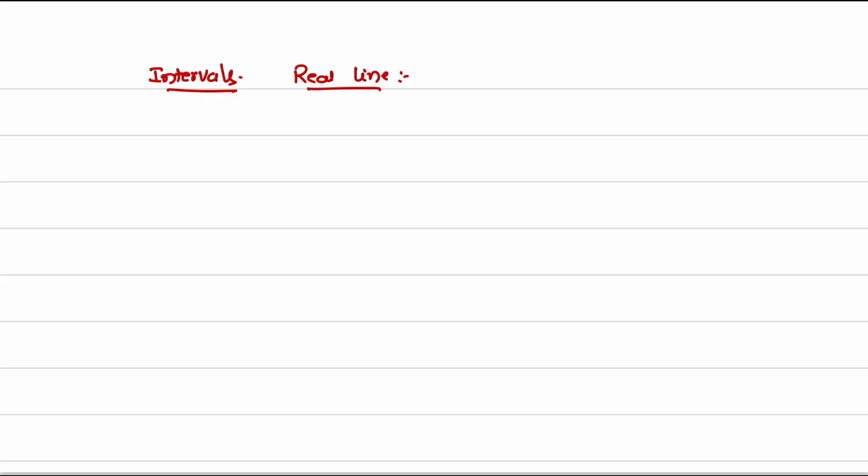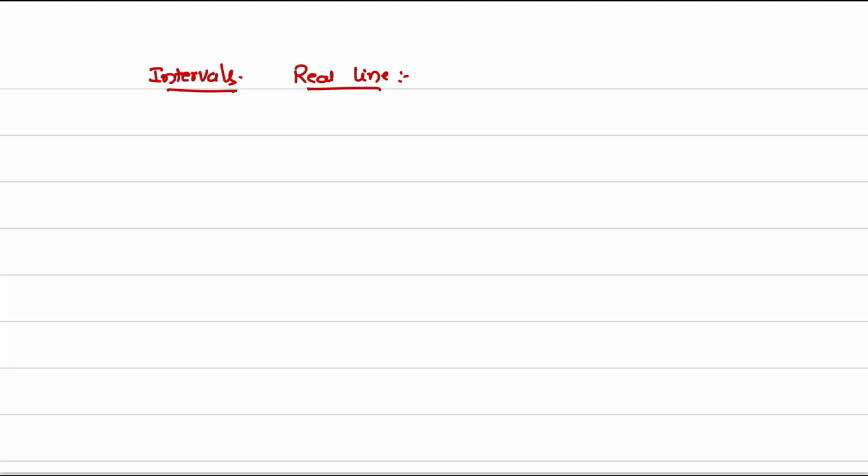The complex plane intervals are a little bit complicated. I will take them up in the next class. Understanding intervals is very, very important. Real line intervals we are talking about.